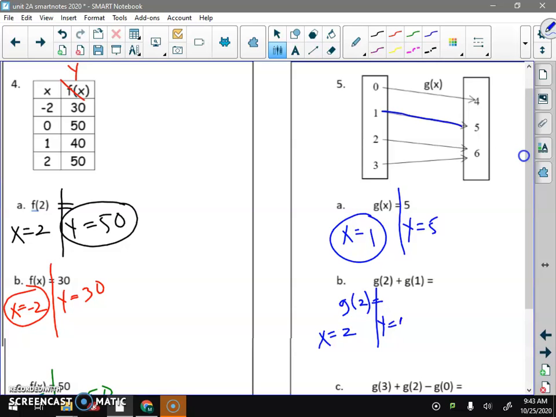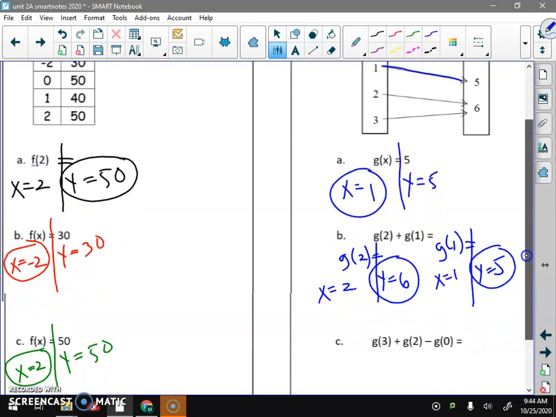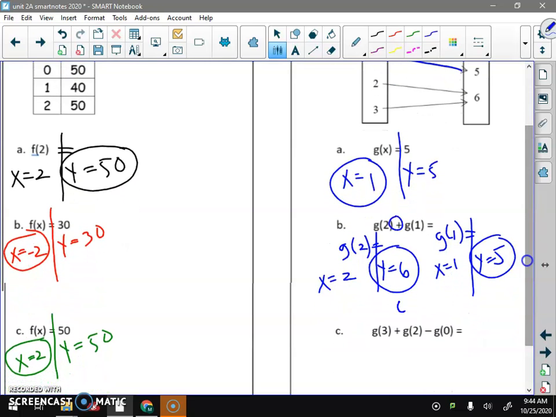I would say 6. g of 1. x equals 1. What does y equal? I would say 5. But then we have to add those two. 6 plus 5 equals 11.